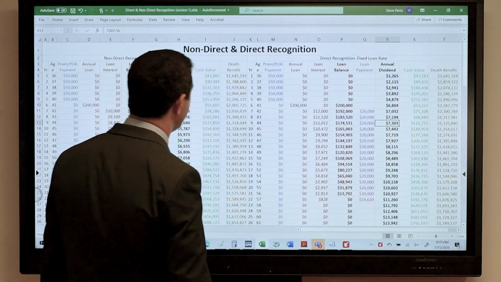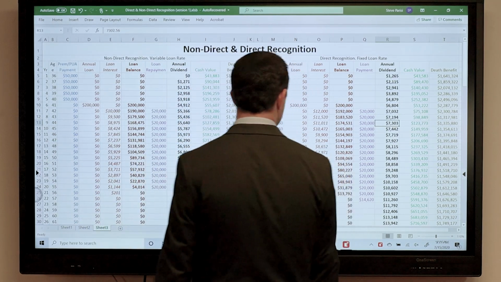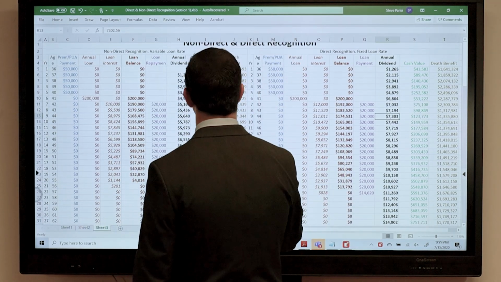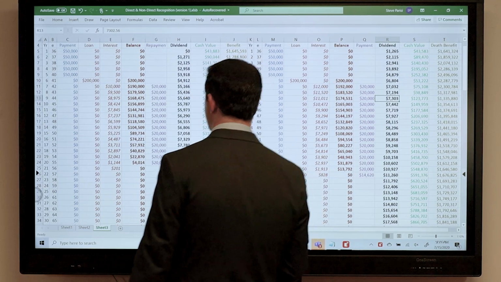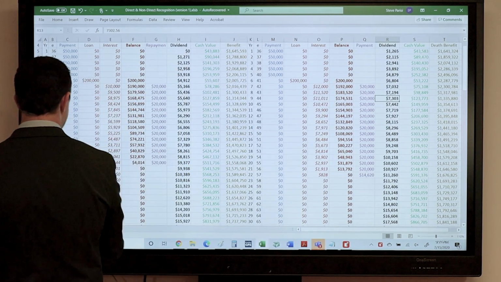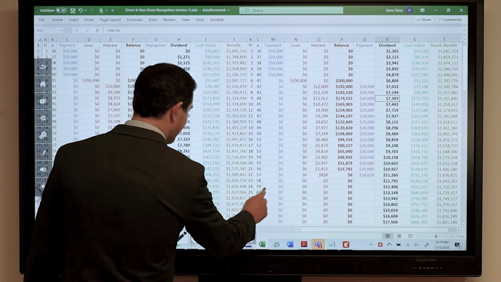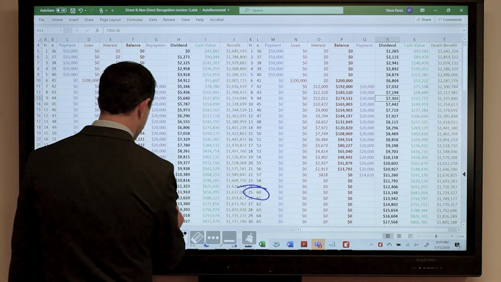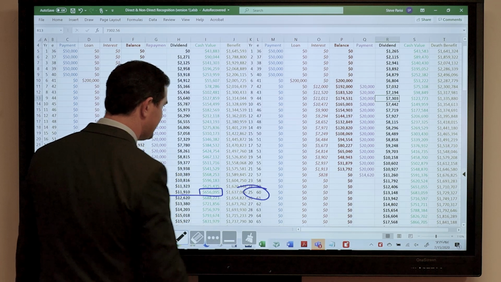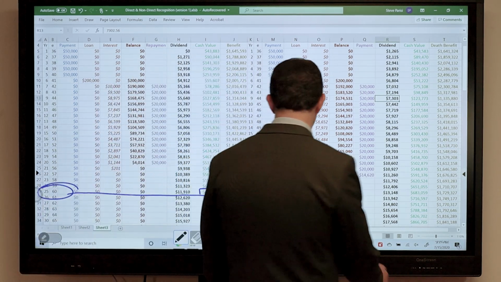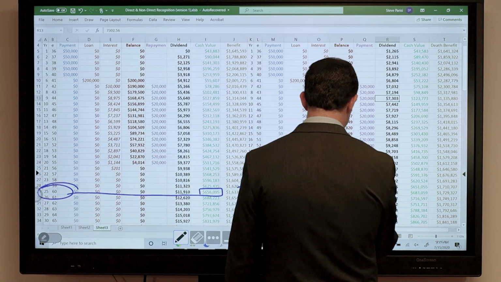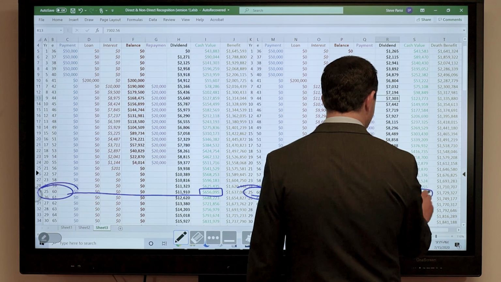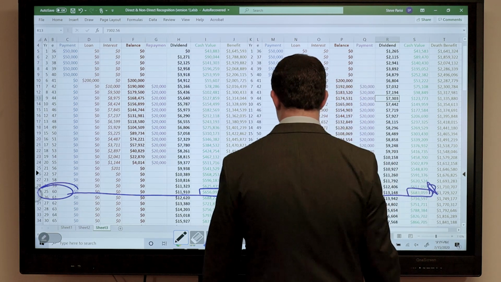What we also did here, and this is a little small, we just put non-direct side by side with direct. When it's paid back, if I just look at age 60, this might be small. 656 on the non-direct example. 683 in the direct recognition example.